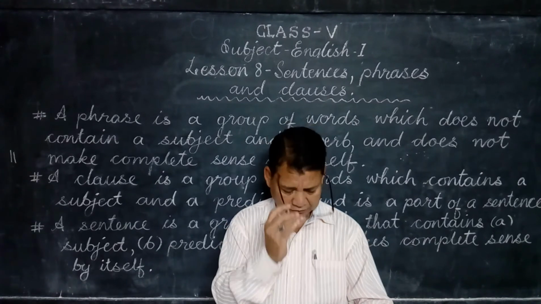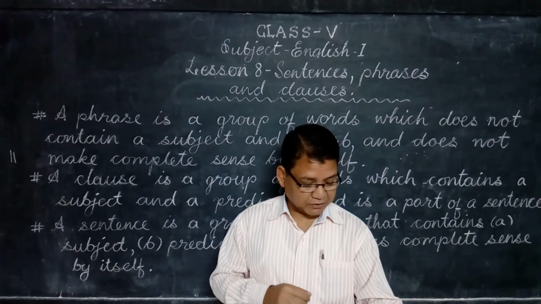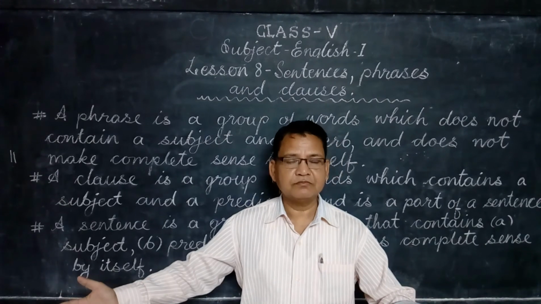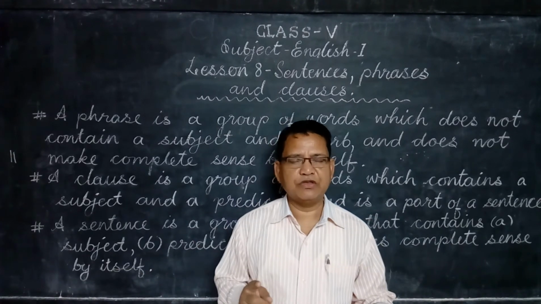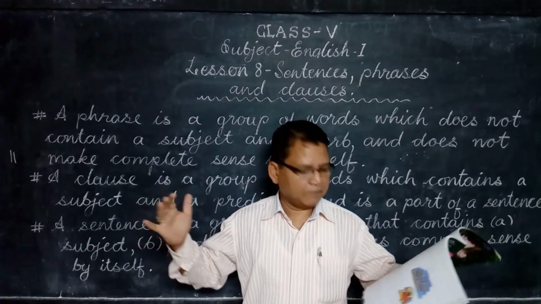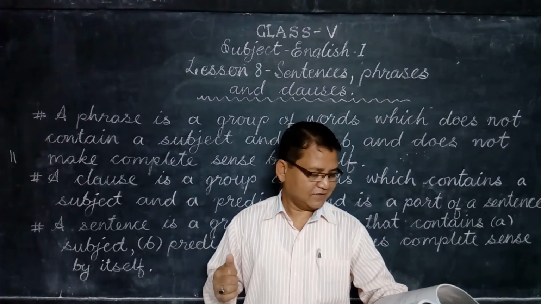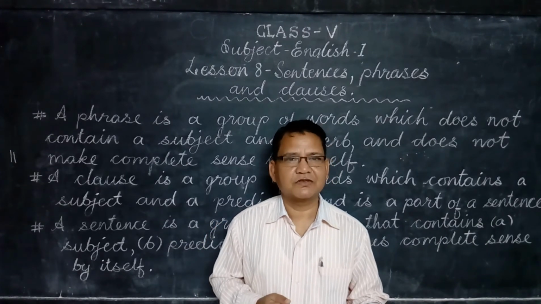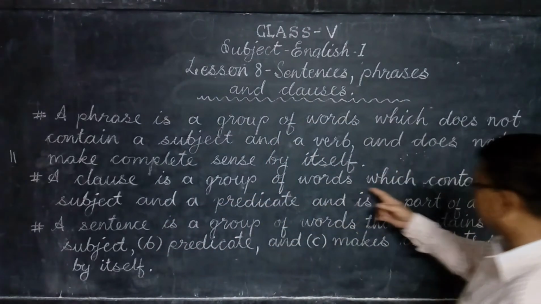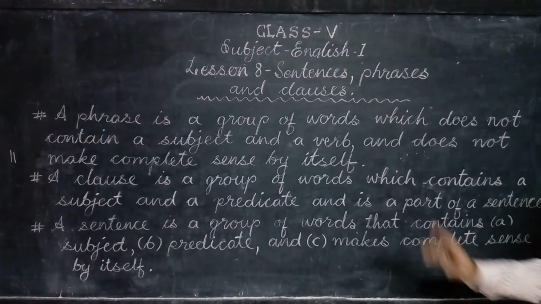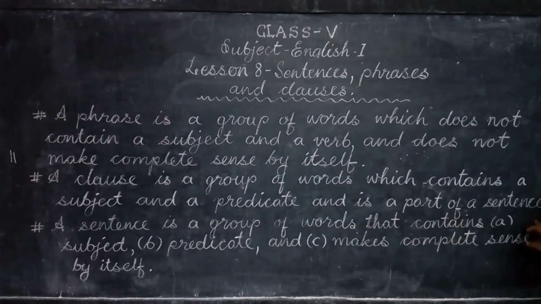Firstly they were two different sentences, but now they have become parts of a large sentence. We do not call them sentences any longer. We call them clauses. So what is the definition of a clause? A clause is a group of words which contains a subject and predicate and is part of a sentence.